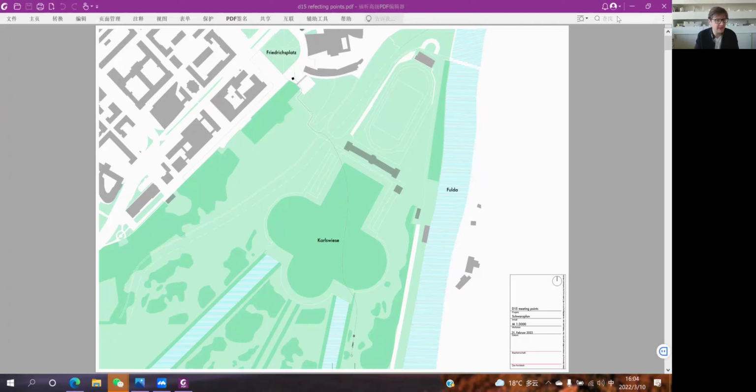So it's a very interesting mix of different exhibitions. And between these exhibition spaces, we install small reflection points where people can have a rest and exchange ideas and speak about what they saw and what they experienced when they visited the exhibitions. Next one.